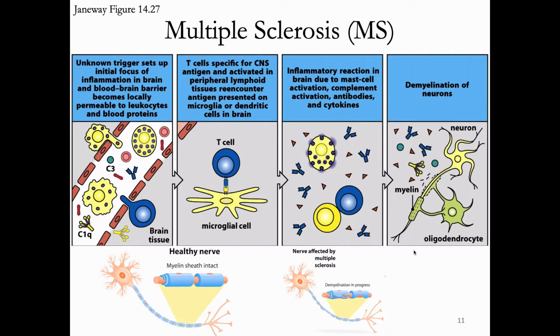So normally, we have our neurons with a myelin sheath coating that neuron. You can see that example here. You can sort of think of this as like the plastic coating on a wire to make sure that the electricity doesn't arc from different parts of the wire and actually travels correctly in the correct direction down that wire.